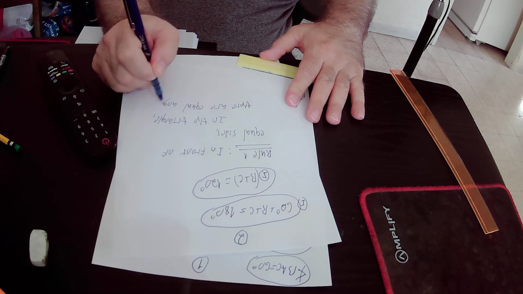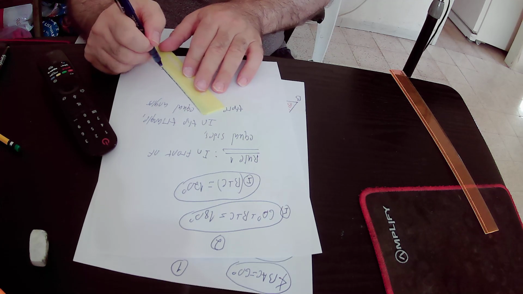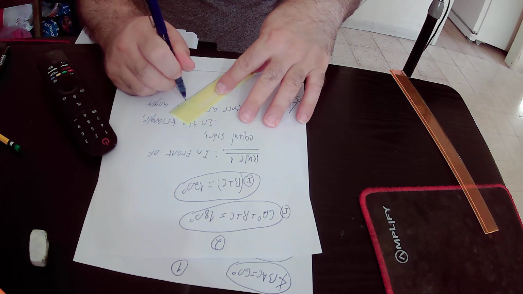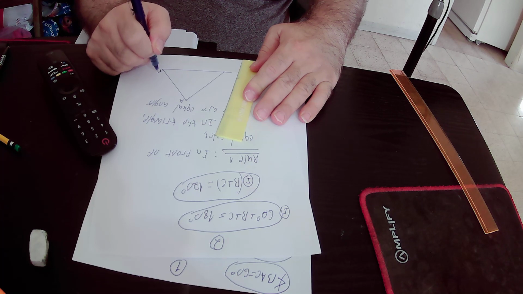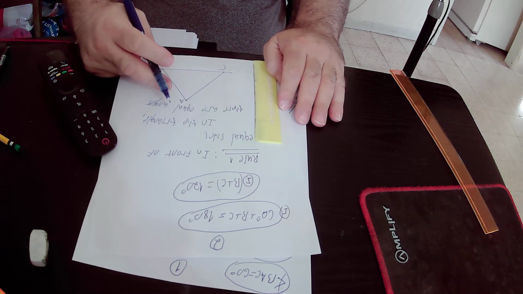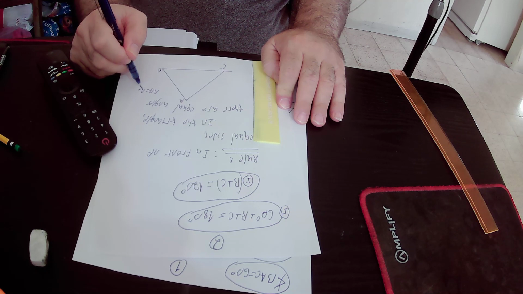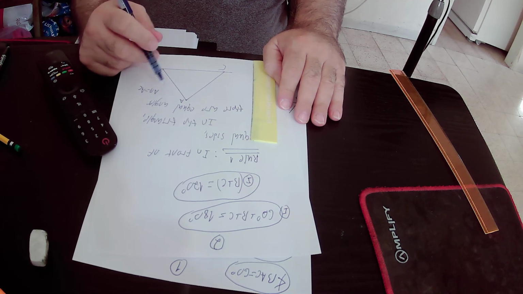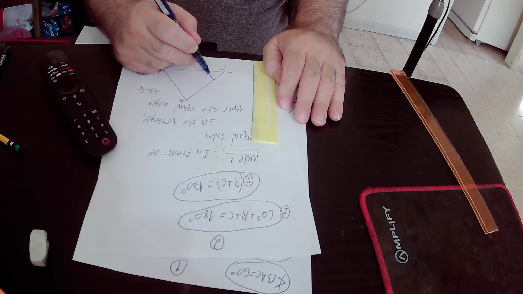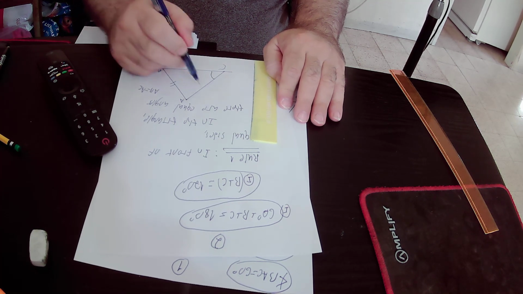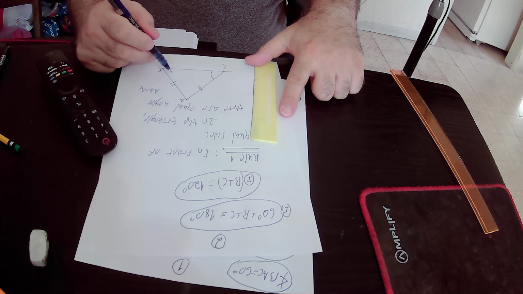So actually, if we have triangle ABC, and we know that side AB of triangle ABC equals side AC, then in front of side AB we have angle ACB, and in front of side AC we have angle ABC.